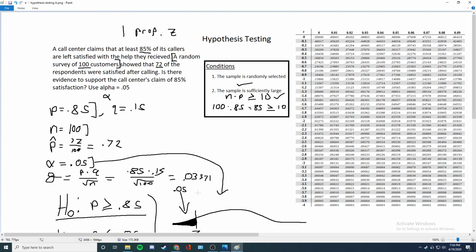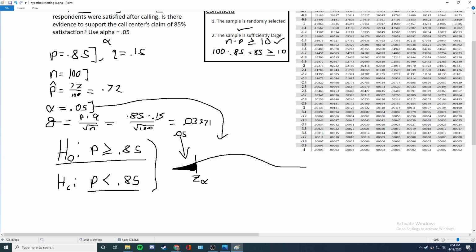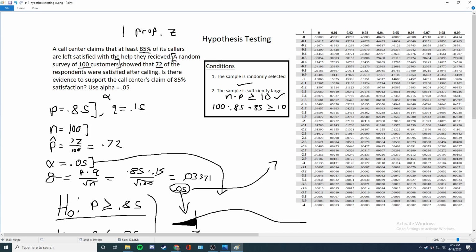Since we already have the area to the left here as 0.05, we can take this and go to the table to find our z. So if we find 0.05 here, it shows up right in between these two at -1.6, and then it's between -1.64 and -1.65.